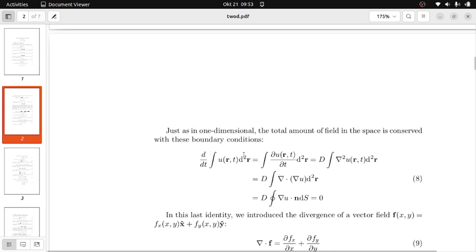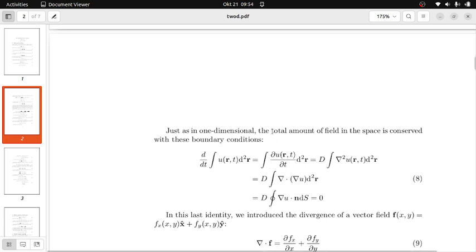And here is the proof. We set up this integral over all the space, and when we differentiate with respect to time, we arrive at the integral of the Laplacian of u. As we saw before, the Laplacian is equal to the divergence of the gradient of u, and we have the divergence theorem in 2D.